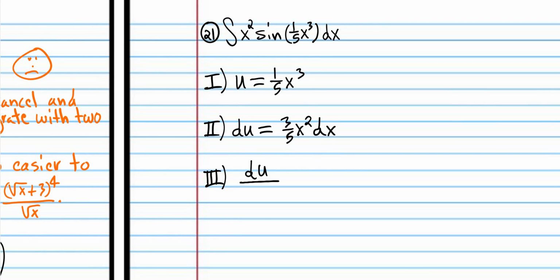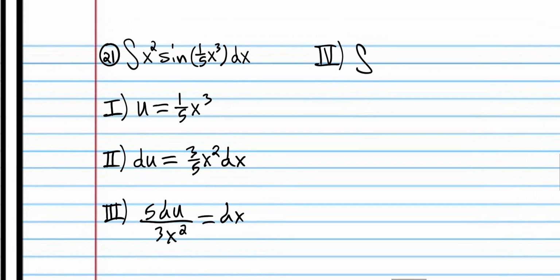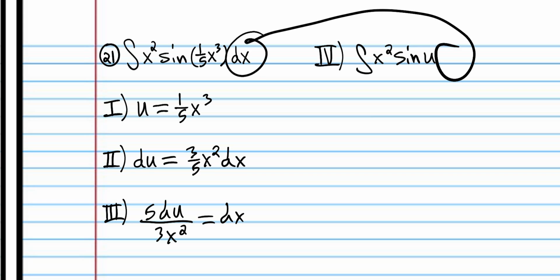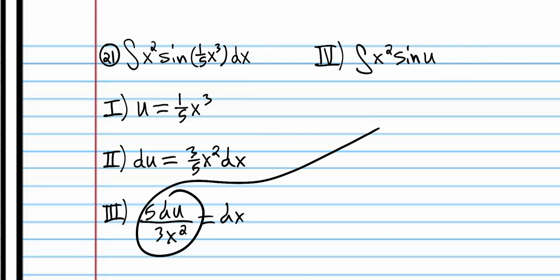So we get du over, actually, 5 times du over 3x squared is equal to dx. Step number 4, we're going to change variables in the integral, so we have x squared times sine u, and then instead of dx, we're going to write what the bottom equation tells us dx is.